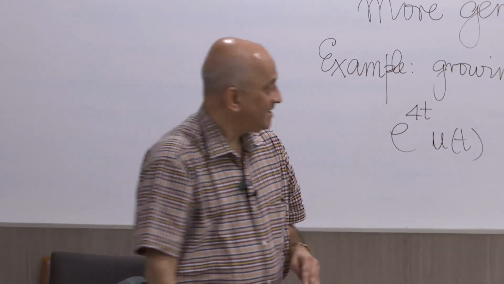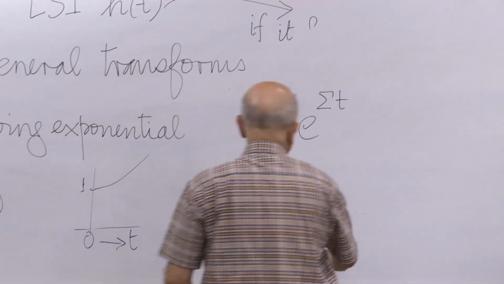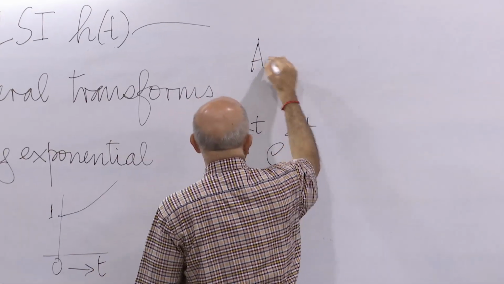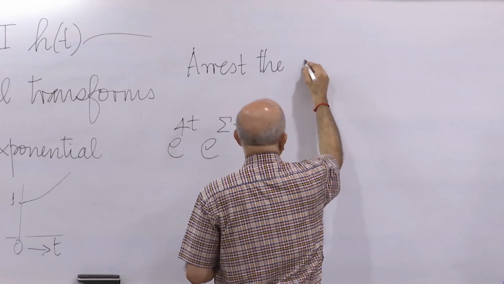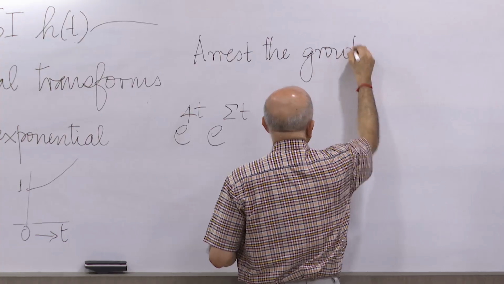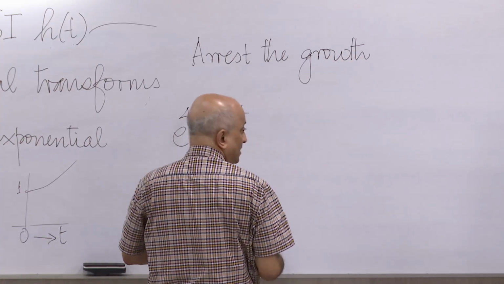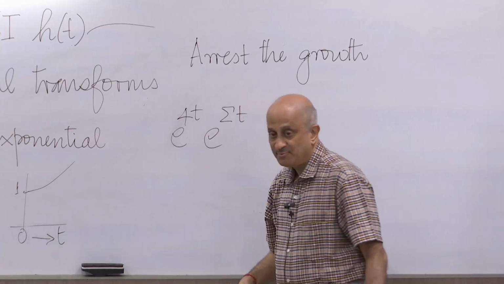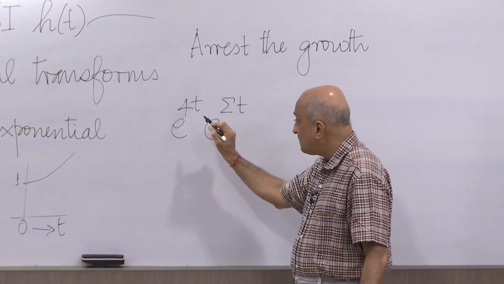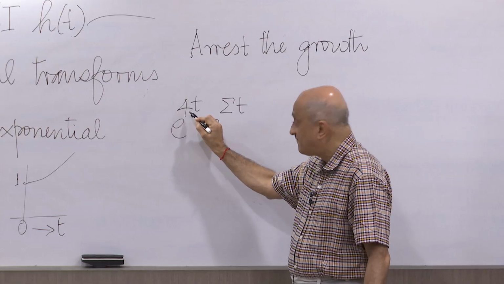You need to arrest the growth by multiplying by an exponential, and the exponential factor should be enough to arrest this growth.